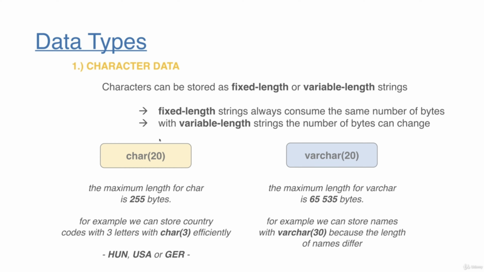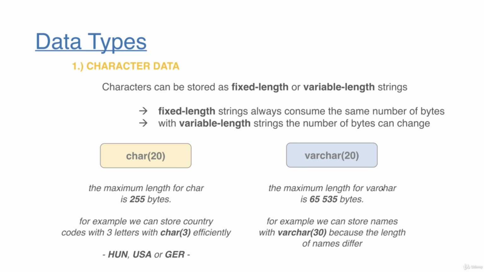So this is why we have to use a fixed length string. For example, HUN stands for Hungary, USA stands for the United States of America, GER stands for Germany, and so on. So in these cases, when we know the length of the strings we have to store, then it is advisable to use chars. And of course, we can use varchars.